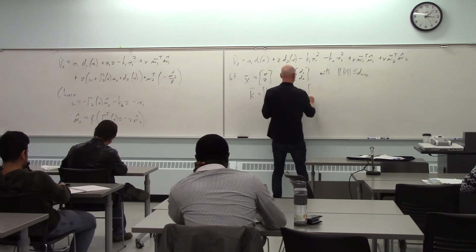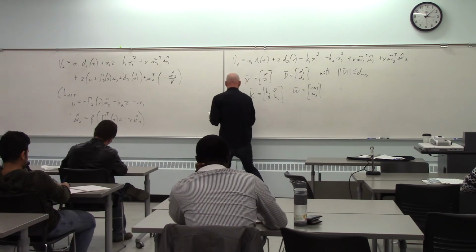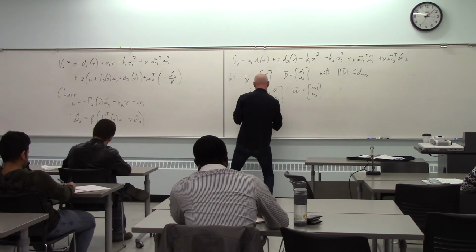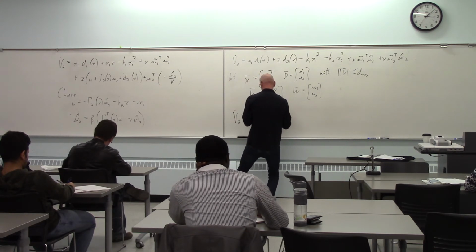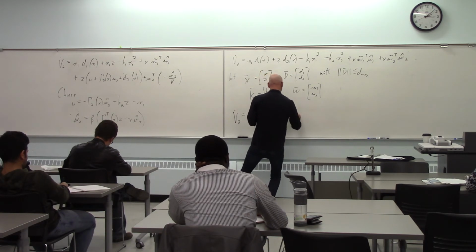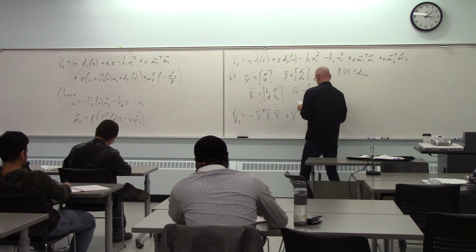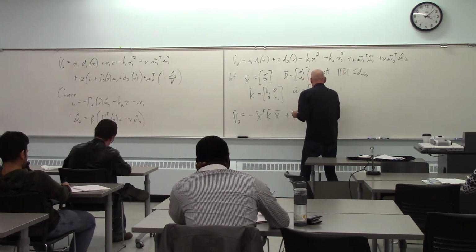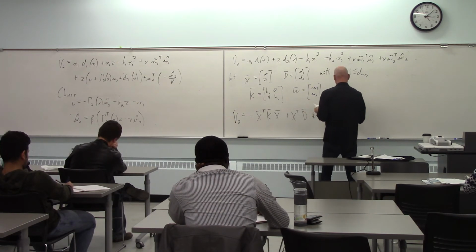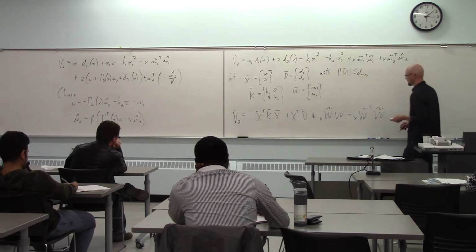And w bar, I'll put the W1 vector and the W2 vector together. And then I get V2 dot is equal to minus x bar transpose k bar x bar plus x bar transpose d bar plus nu W tilde transpose W minus nu W tilde transpose W tilde.